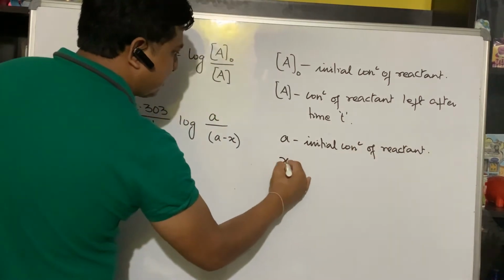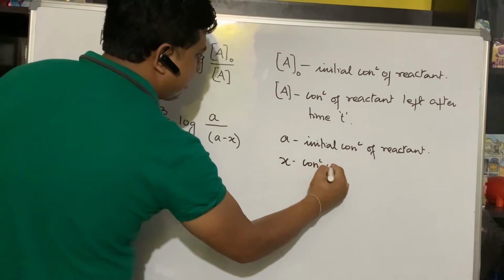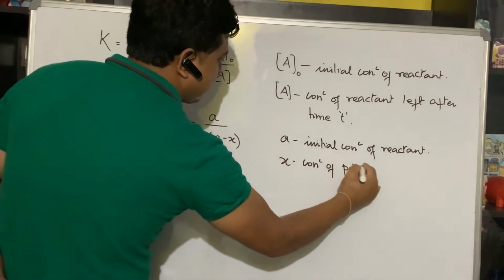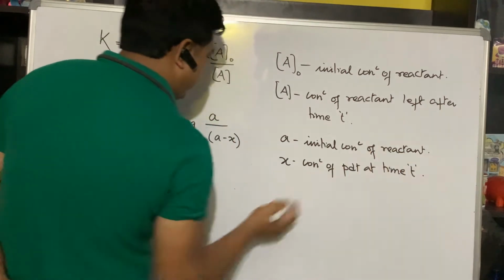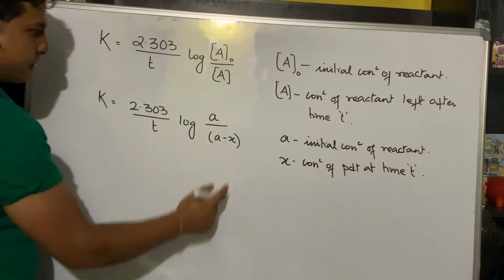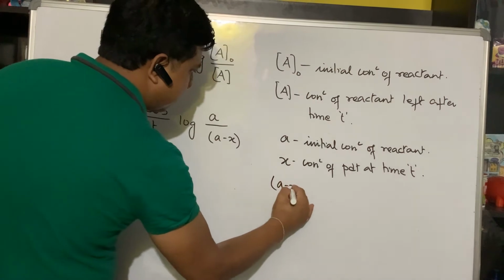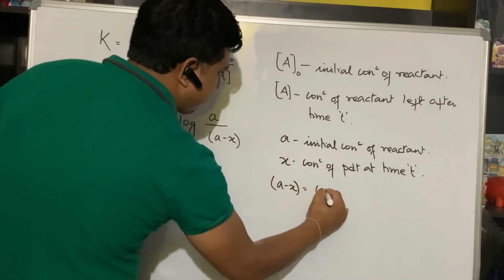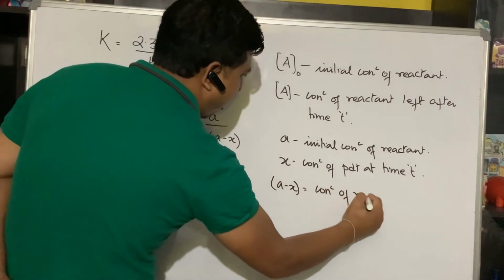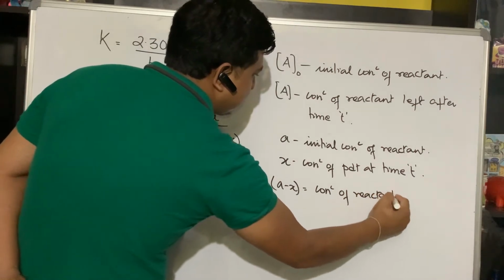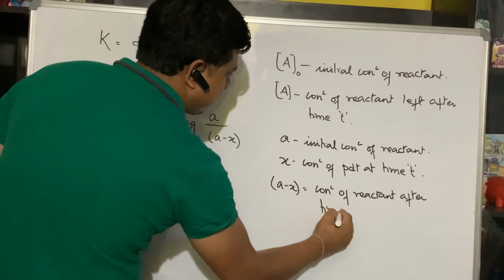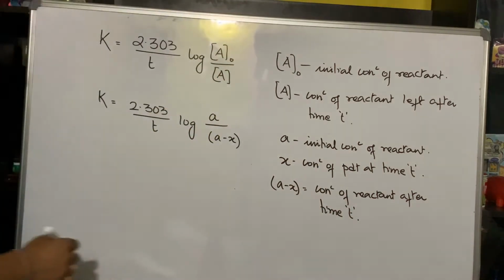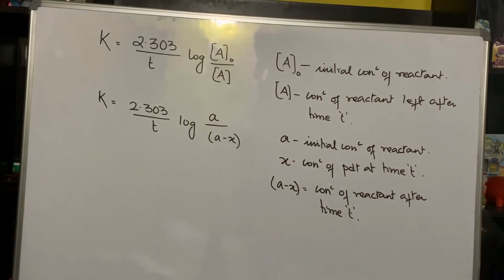And X is the concentration of product at time t. At time t, X amount of product is found. So what does A minus X denote? A minus X is again the concentration of reactant left after time t. We derived these expressions in our earlier classes.